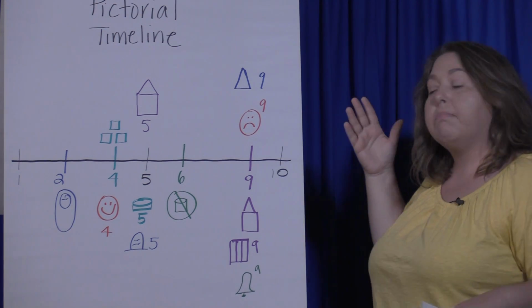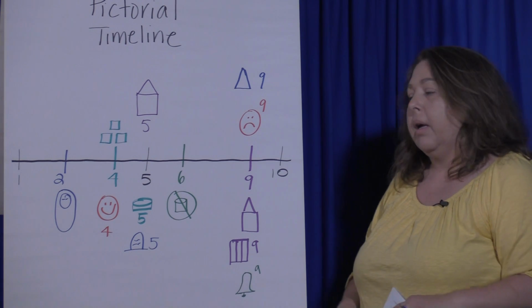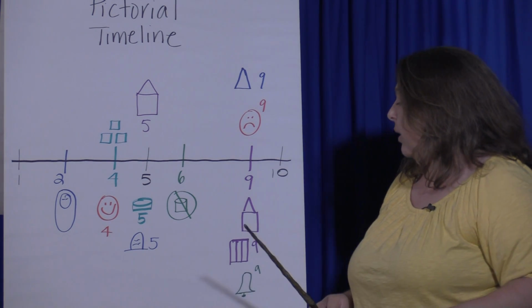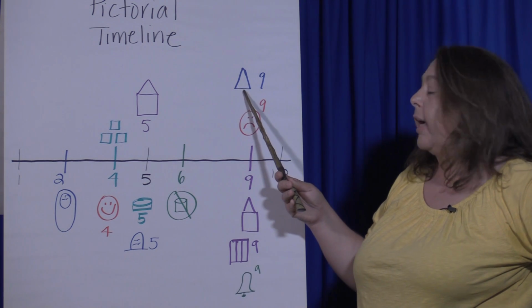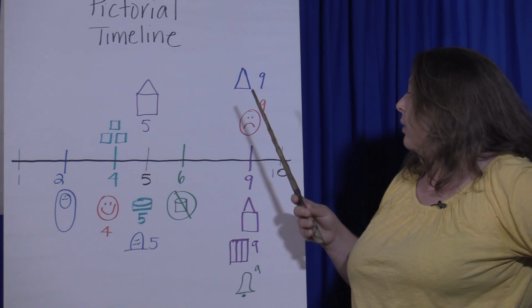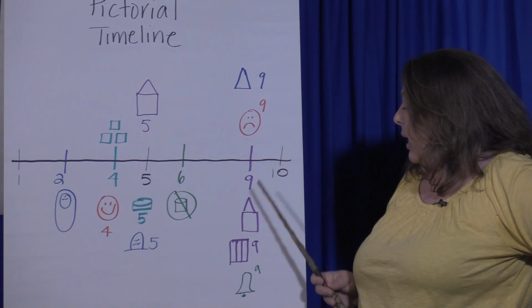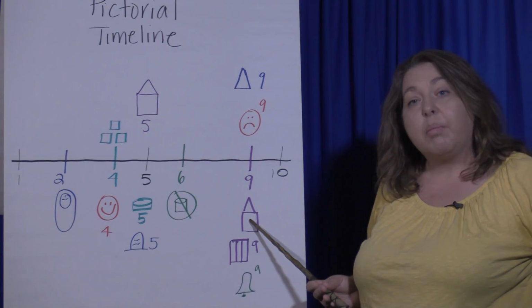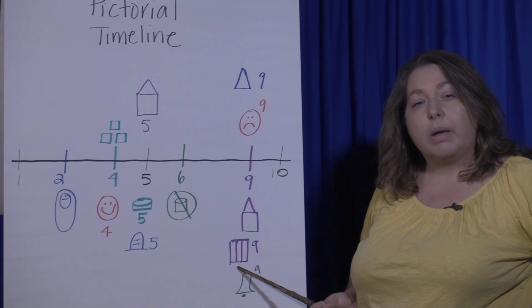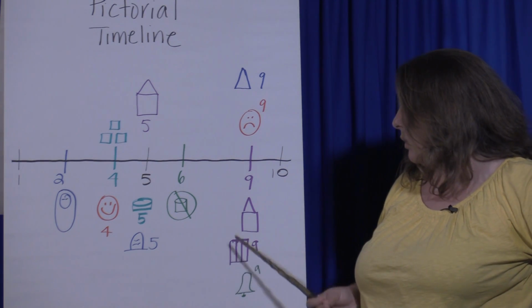So here's one that's much more filled out, and I'm going to point out what some of these mean for you. A triangle represents that the client went into foster care. A house represents that they moved. The 3 bars represent that a family member went to jail.